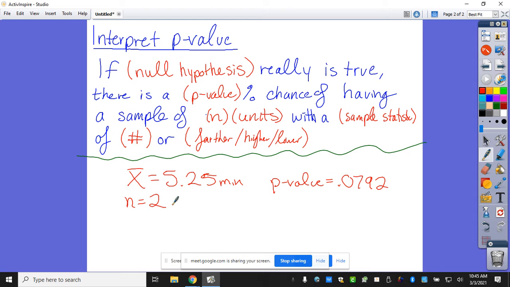What was the null hypothesis in our situation from Friday? So if he really did run a 5-minute mile, if it really is true that he ran a 5-minute mile, there is a 7.92% chance of having a sample of 2 what?